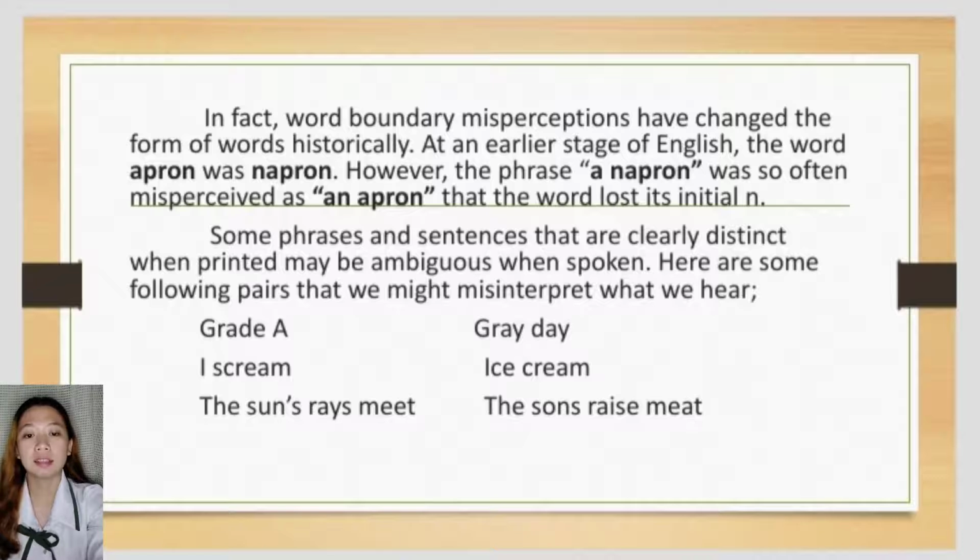Some phrases and sentences that are clearly distinct when printed may be ambiguous when spoken. Here are some pairs that we might misinterpret when we hear them. The phrase grade A sounds like grade day, while ice cream sounds like I scream, and the sun's rays meet sounds like the sun's raise meat.